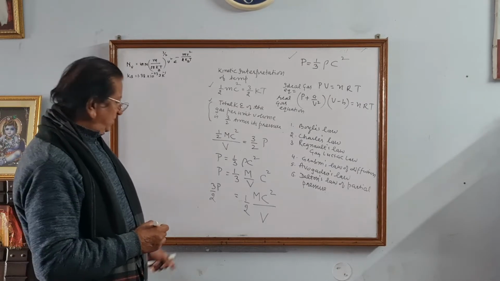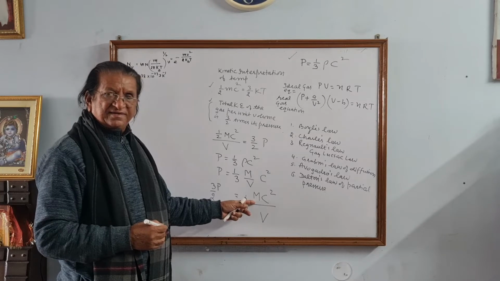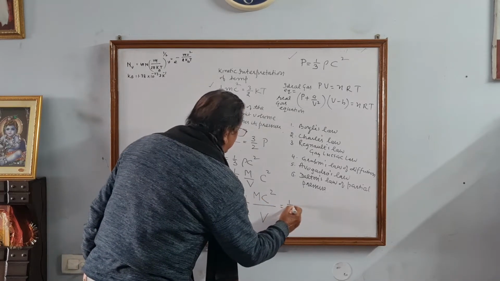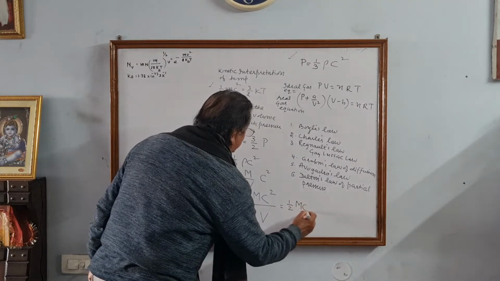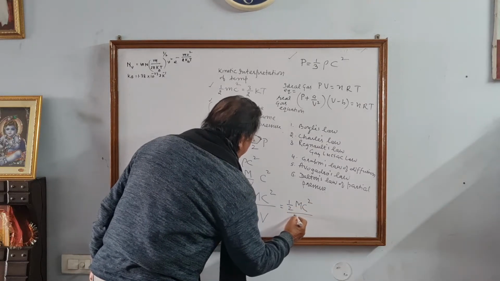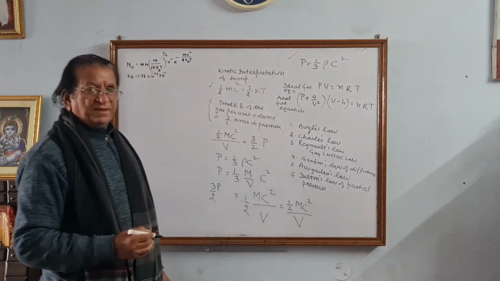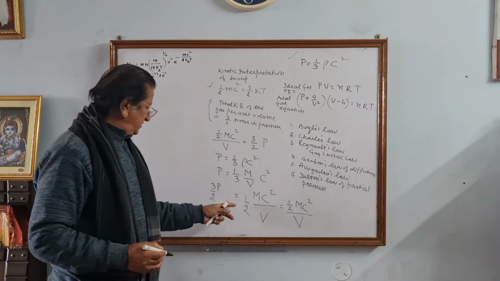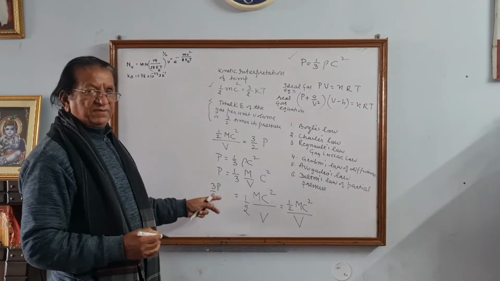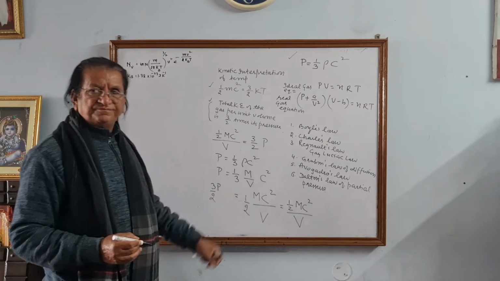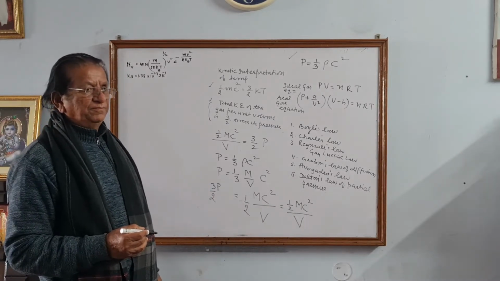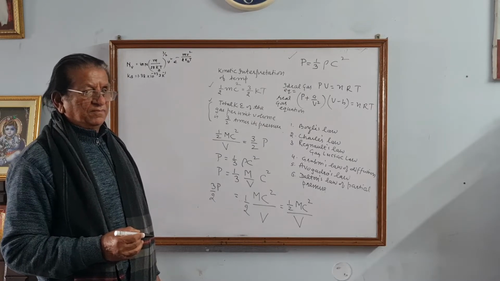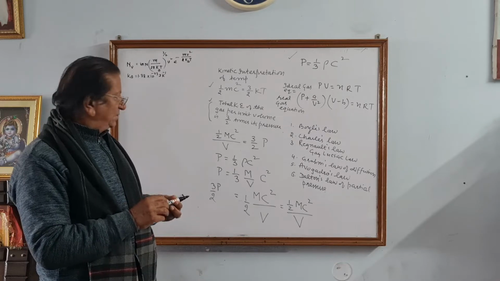If you look at the right side, 1 by 2 mc square is the total kinetic energy of the gas, and in the denominator you have the volume. So therefore kinetic energy per unit volume is equal to 3 by 2 its pressure. Done.